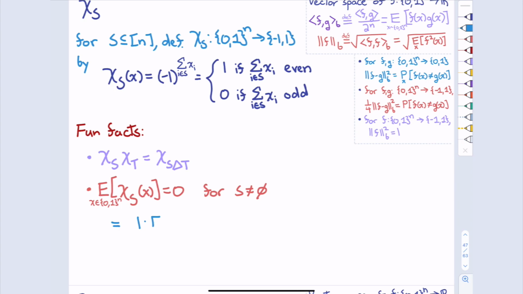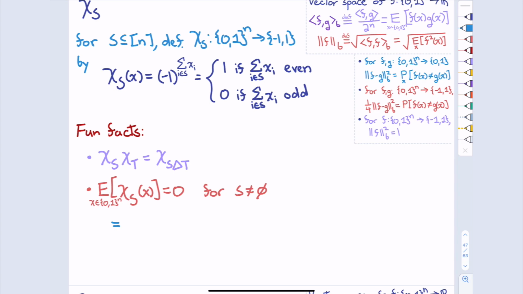It's going to differ slightly depending on whether the last bit is in S or not in S. So we can assume that the last bit is in S, and I just don't want to write it all out because it'll take forever.